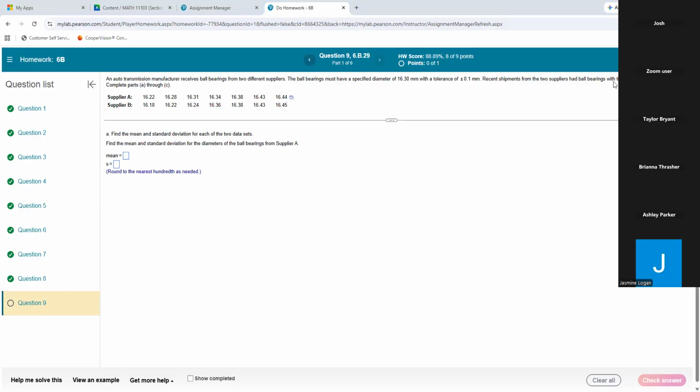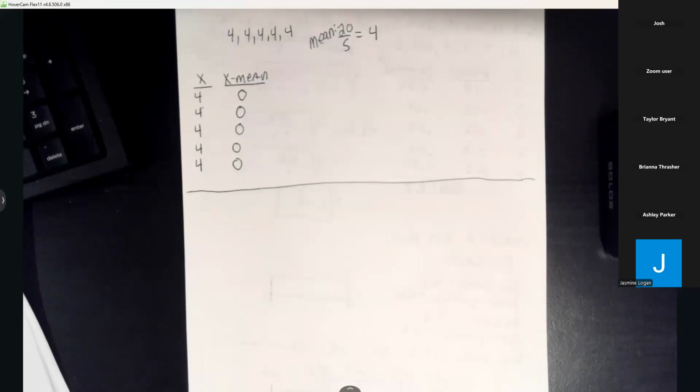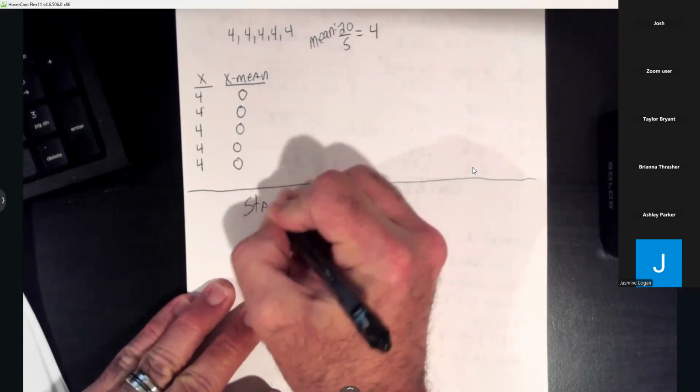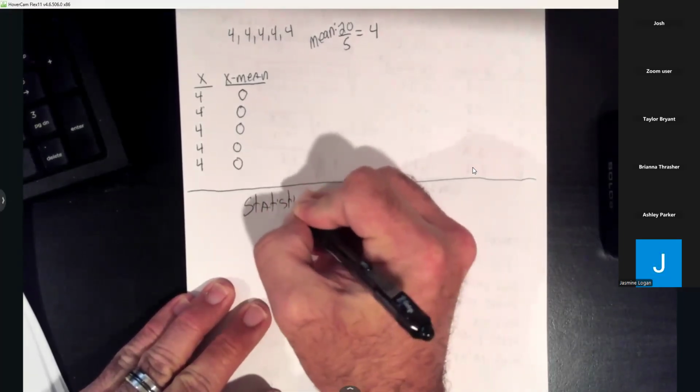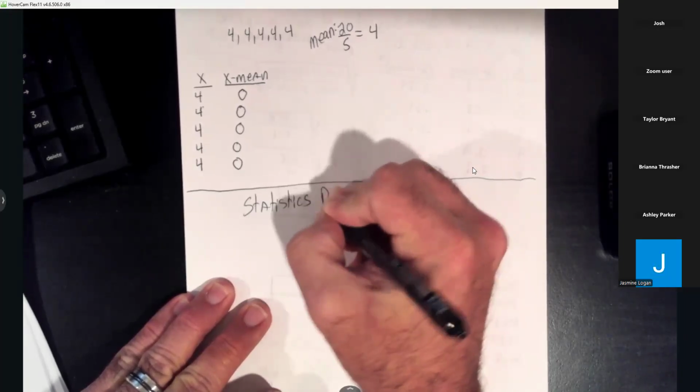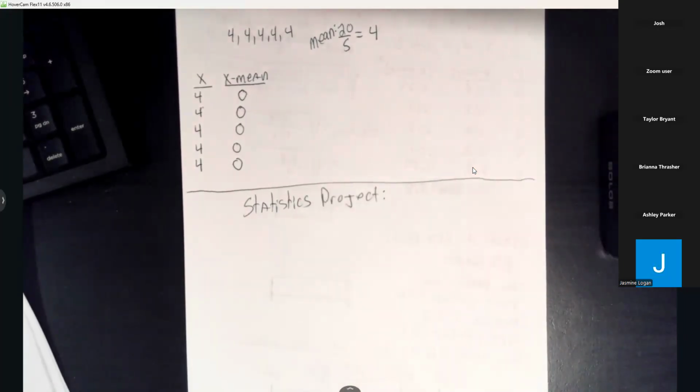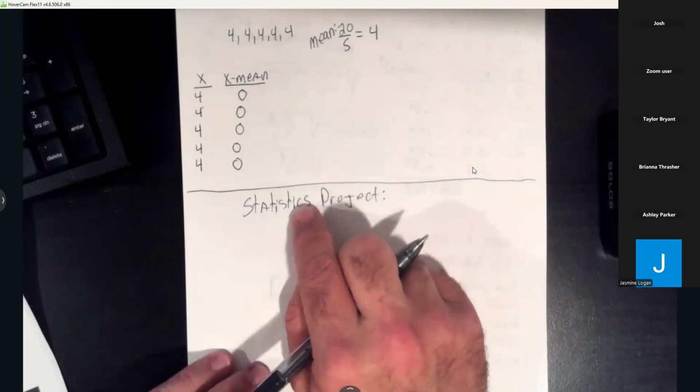And what I want to show y'all real quick is a little information on your next project. This will be your statistics project. So y'all, what we're going to be doing is finding means and standard deviation and all that fun stuff.